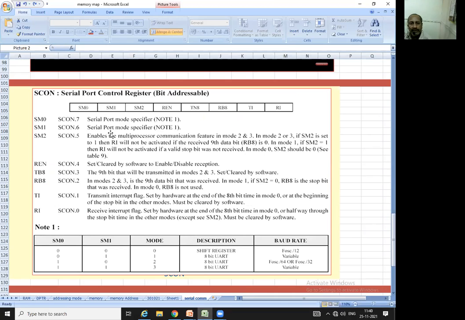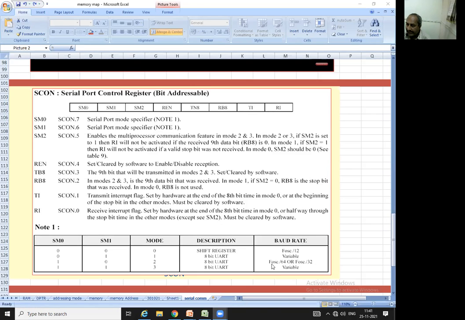तर पहिले जे 2 बिट आहेत ते मोड सेट करायसाठी आहेत. मोड सेट करायचं म्हणजे काय, ह्याचा डिफरन्स आहे मोड मध्ये, मोड 0 1 2 3. सो मोड 0 इज युजिंग F ऑसिलेटर बाय 12 म्हणजे baud rate. So baud rate means number of bits per second, मोड 0 मध्ये. आणि मोड 2 मध्ये F ऑसिलेटर बाय 64 or 32.